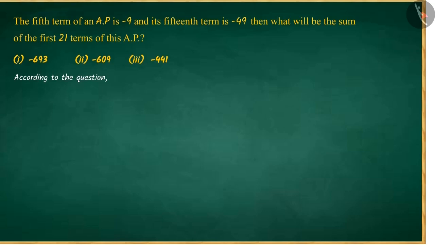The fifth and the 15th terms of the arithmetic progression are given in the question, and we have to find the sum of the first 21 terms of this arithmetic progression. Can you tell what we have to do? To find the sum, we need the first term a and the common difference d of the arithmetic progression.